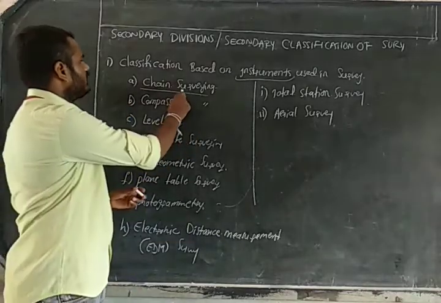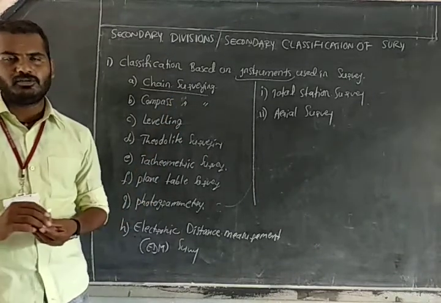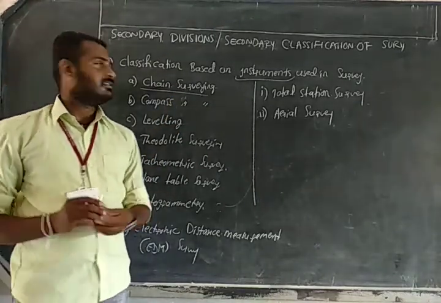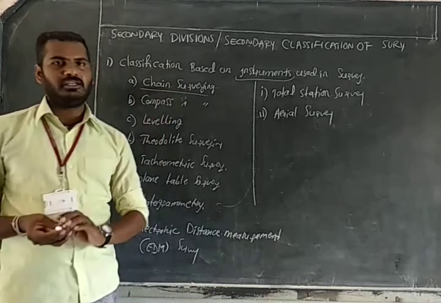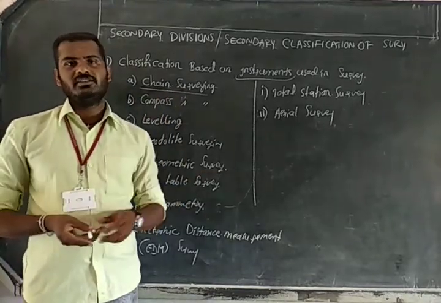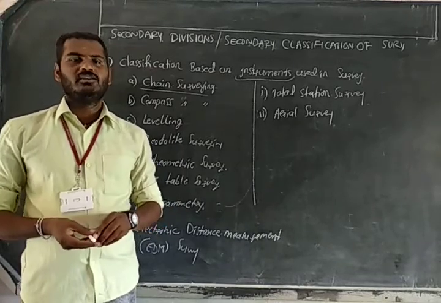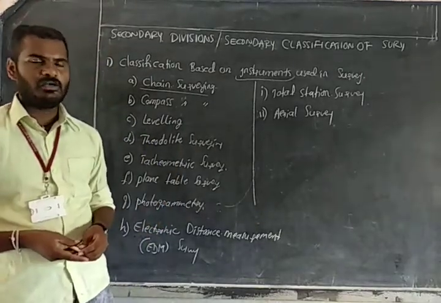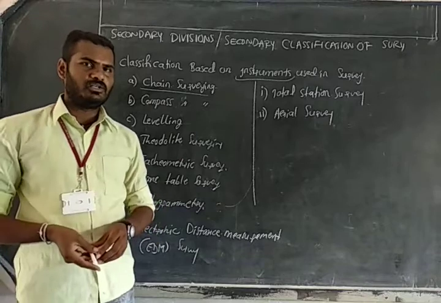So first I am going to take the chain surveying topic. This type of survey is really very important, where we want to measure the length and breadth of an object or of a particular plot over the ground level.